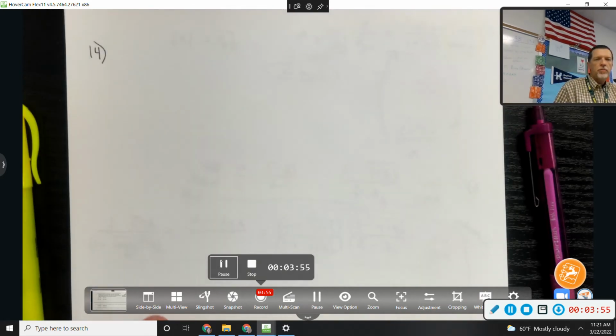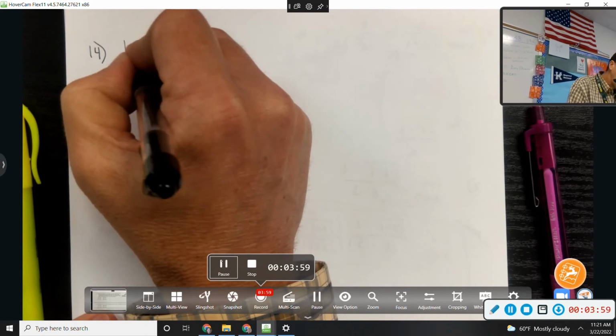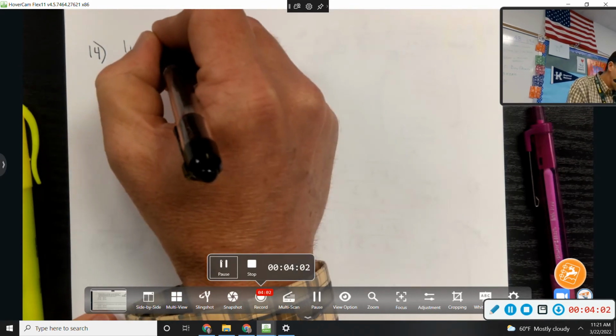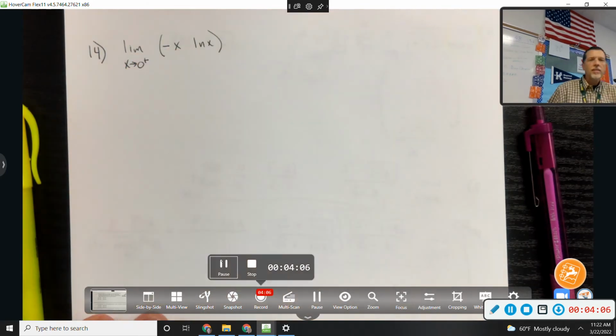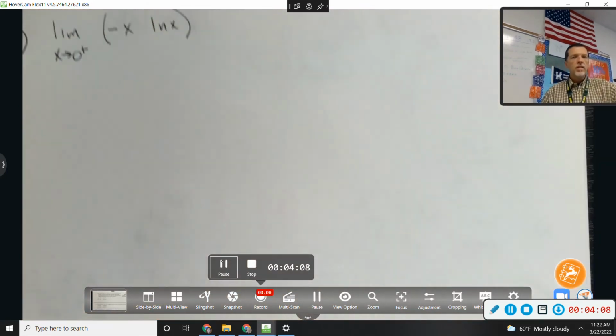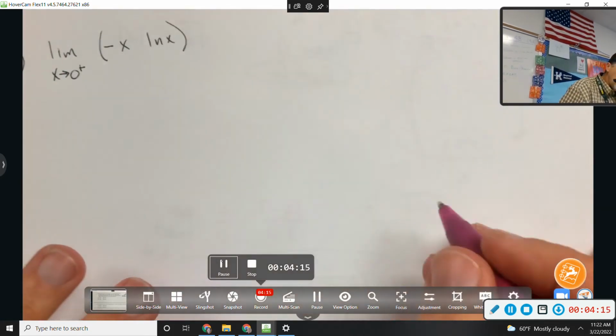Looking at number 14. Limit as x approaches 0 from the right of negative x natural log x. Well, first attempt is to substitute. We're pretty sure that's not going to work, but let's plug it in anyway and see what happens.